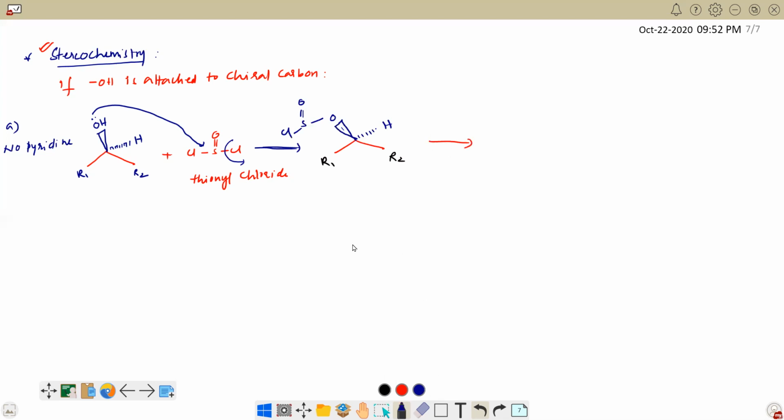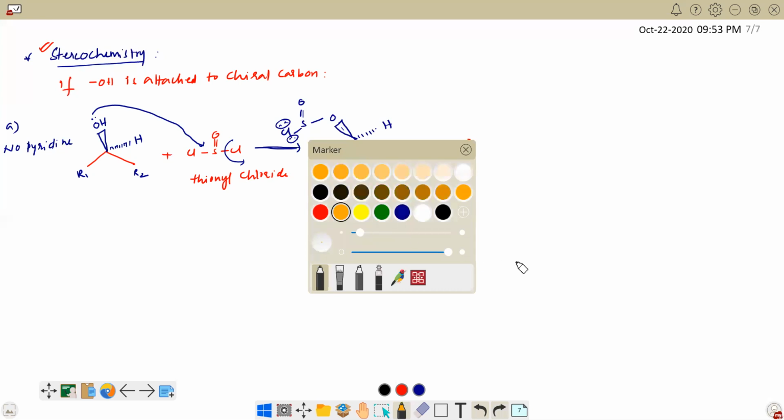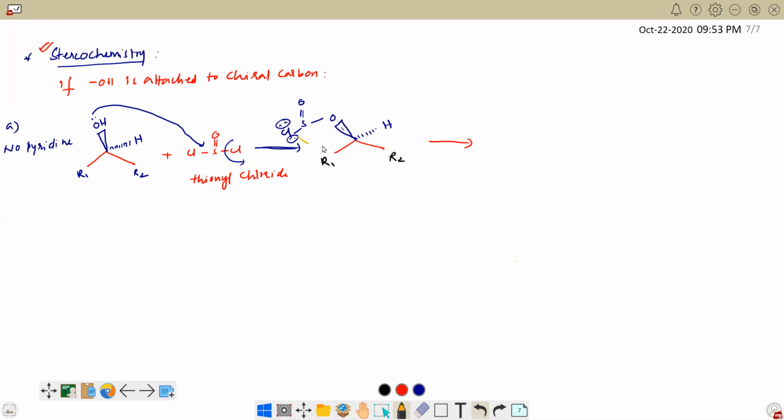So what happens in the next step, see carefully. Now this chlorine acts as what? Internal nucleophile. It has a lone pair of electrons, right? From this side only, chlorine gives the lone pair of electrons, because the oxygen direction and this chlorine direction are the same.